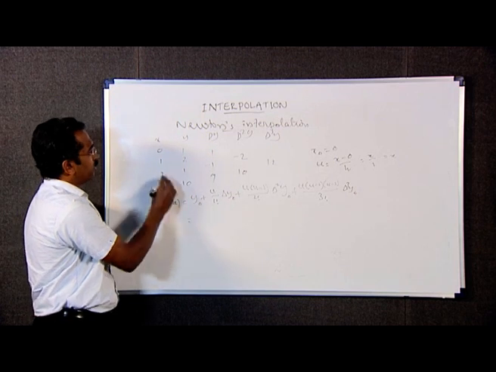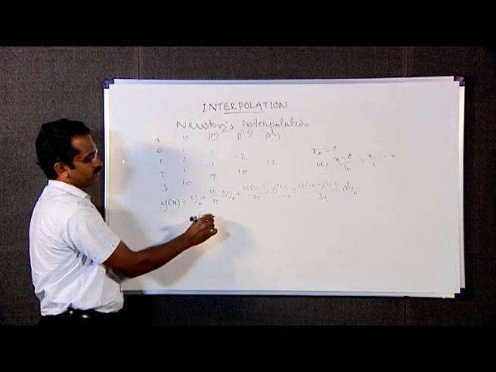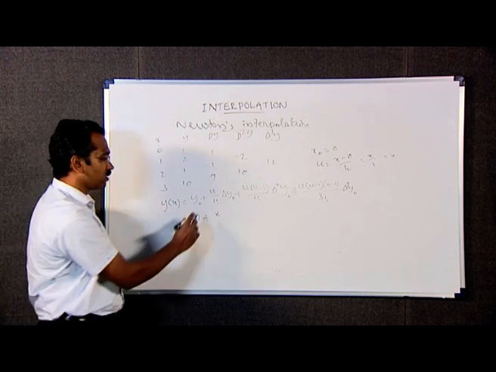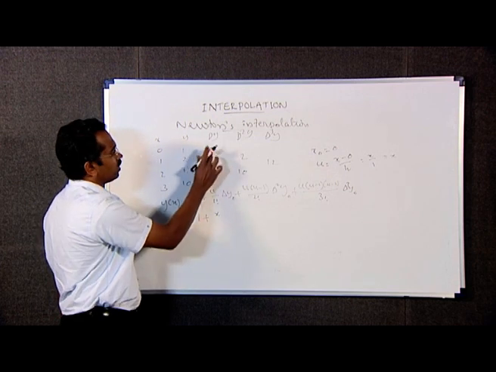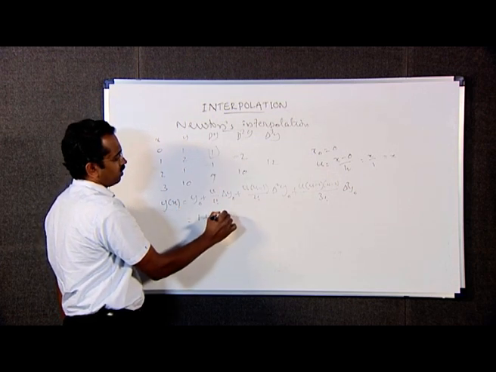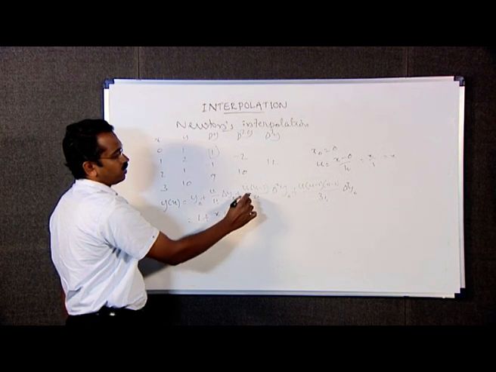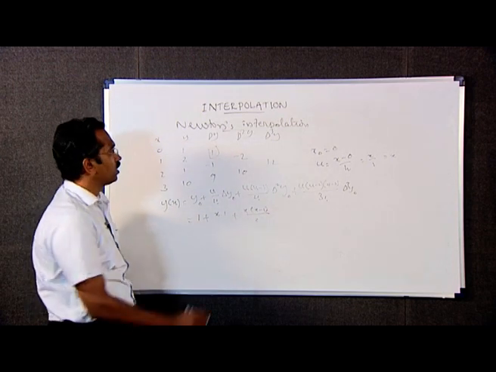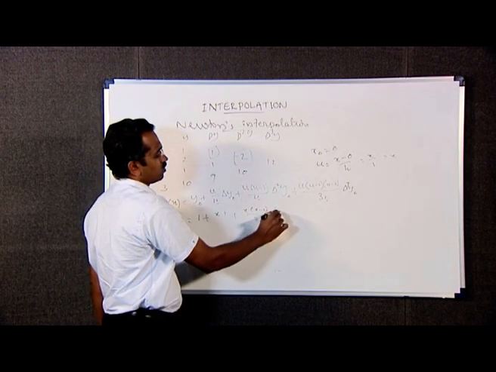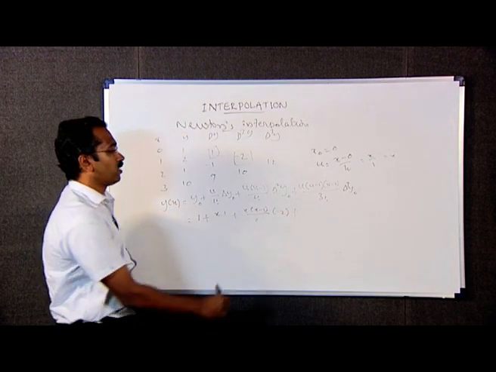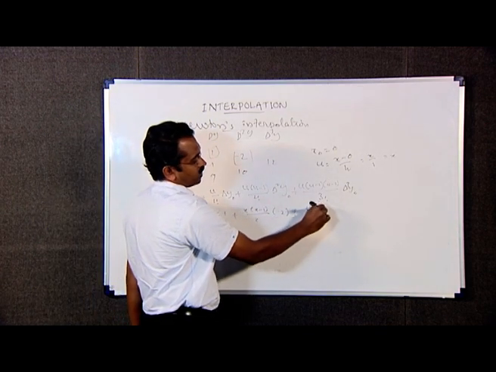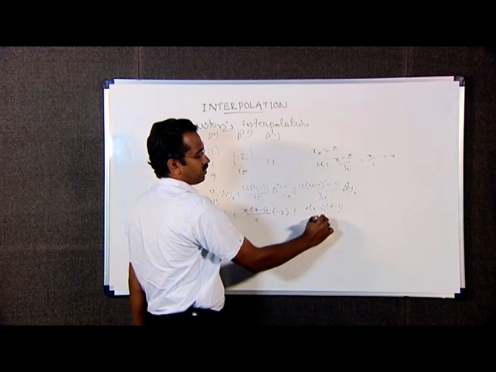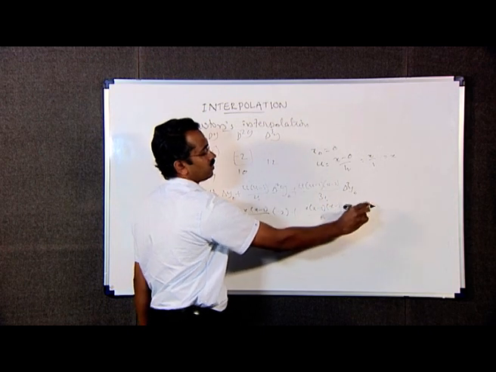Here y naught is 1, plus x by 1 factorial into delta y naught, which is 1, plus x into x minus 1 divided by 2 factorial into delta square y naught, which is minus 2, plus x into x minus 1 into x minus 2 divided by 3 factorial, which is 6, into delta cube y naught, which is 12.